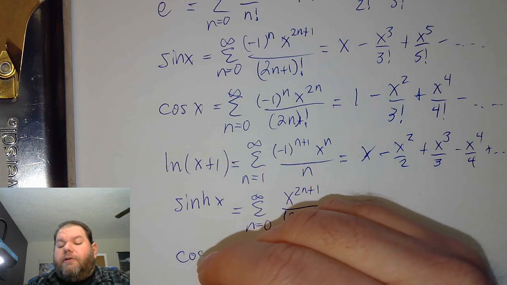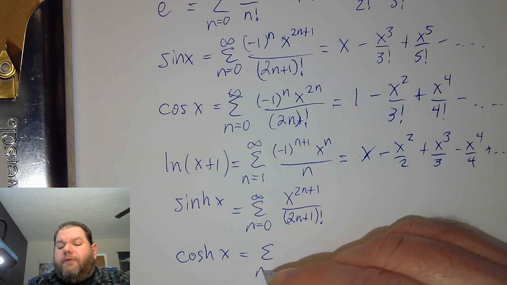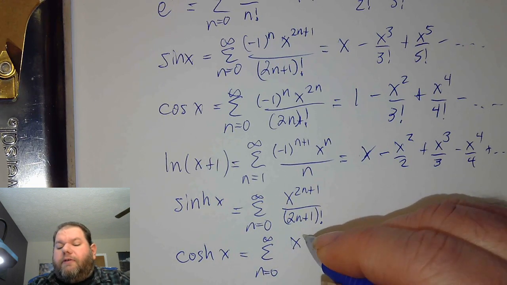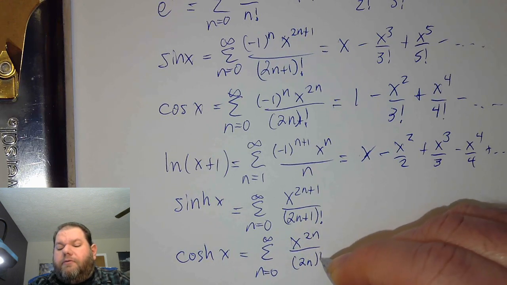And then hyperbolic cosine will be the sum from n equals 0 to infinity of x to the 2n over 2n factorial.